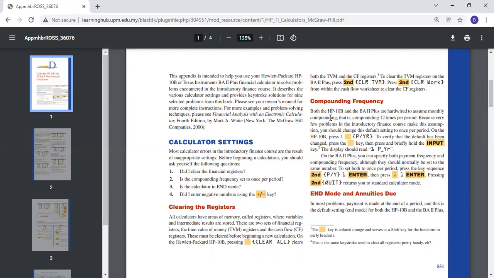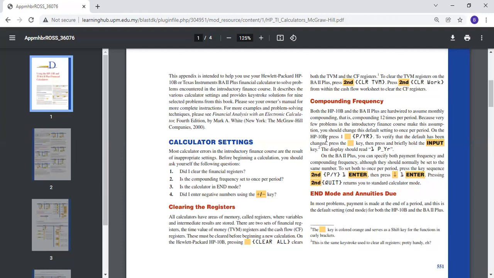So by default, when you buy the calculator new and you have not touched it or operated it, it comes with monthly compounding. That is, compounding is done 12 times in a year, every month from month 1 to month 12. Because very few problems in the introductory finance course make this assumption, you should change this default setting to 1 per period.